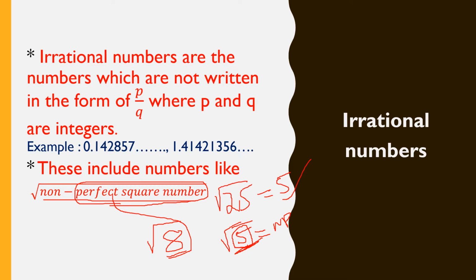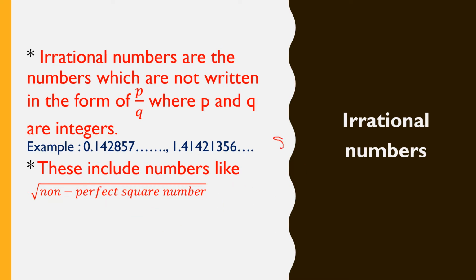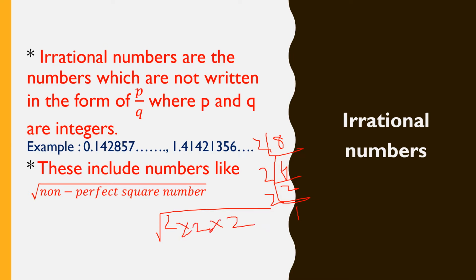If you do the prime factorization for 8, 8 is 2 fours, 4 is 2 twos, so it is under root of 2 into 2 into 2. From these twos you can take one 2 out of the root, and there is only one 2 left with no partner, so you write under root 2. As there is a root remaining, it is a non-perfect square number.